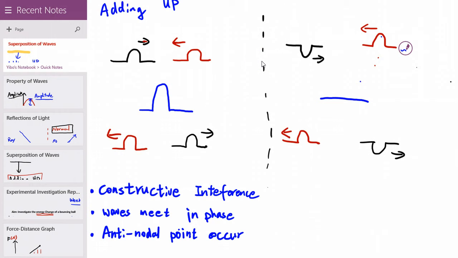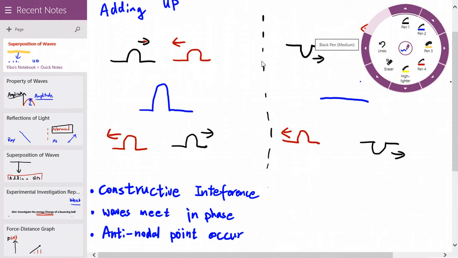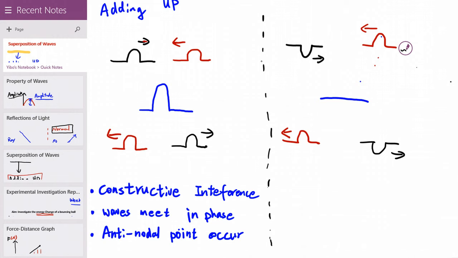Now, similarly, in this case, we have destructive interference.